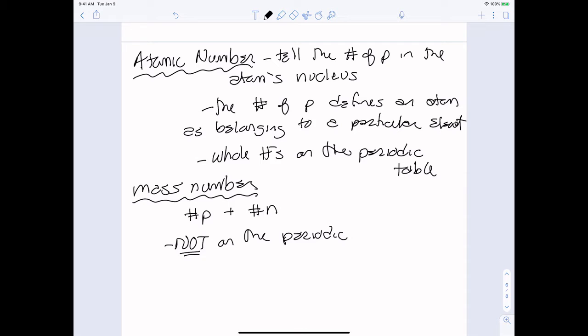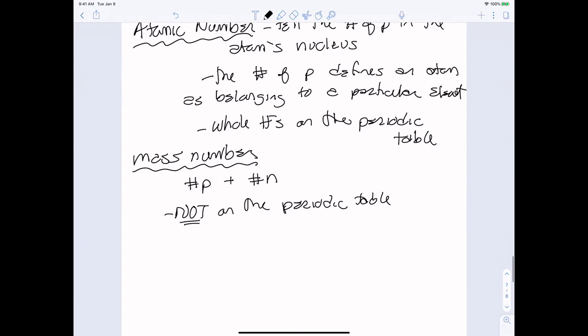We can't have fractions of particles, right? I can't have 0.234 protons or 0.76 neutrons or a half or any sort of number other than whole numbers. So these are also always going to be whole numbers, right? They're counting numbers.